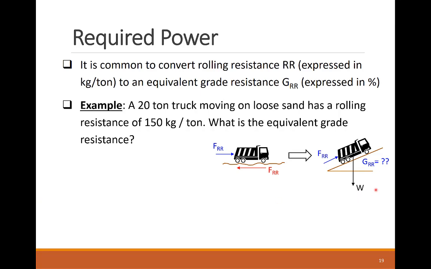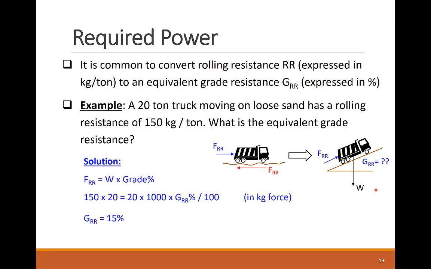Let's illustrate this transformation using an example. We need to calculate the equivalent grade resistance of the rolling resistance for a 20-ton truck on a loose sand with rolling resistance rate 150 kilogram per ton. Like we did to derive the grade resistance formula, we will use the same approach to find the equivalent grade of the rolling resistance.